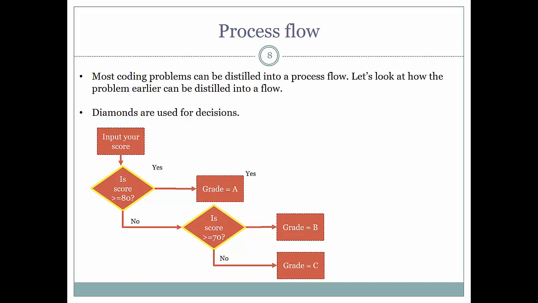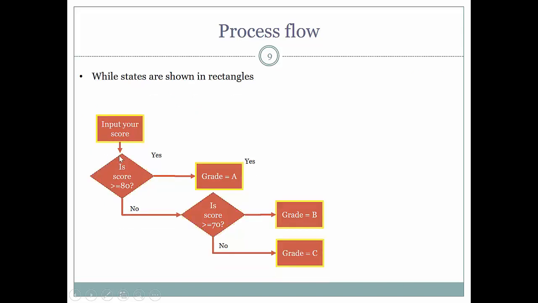For the problem earlier, we always start with the top left hand corner, and before we go through this process flow, just remember that whenever you see a diamond, that is where you need to make a decision. An example of a decision is whether score is more than or equal to 80 or not. If score is more than or equal to 80, then grade equals to an A. If not, then we check something else. So these are what diamond shapes are used for.